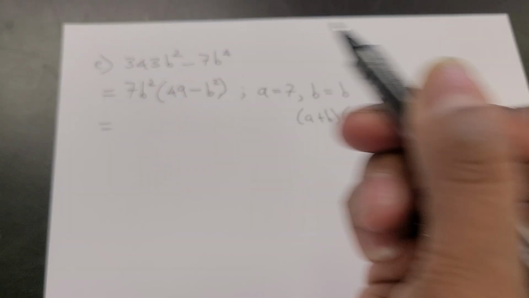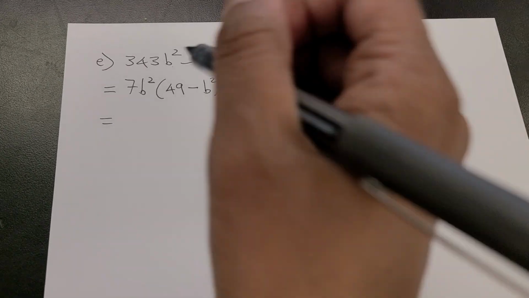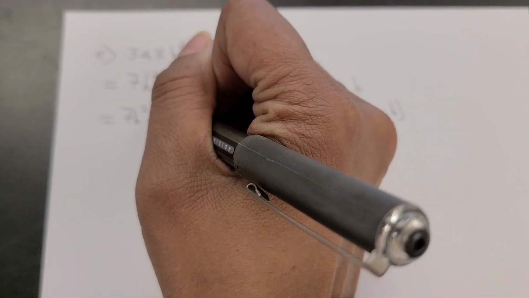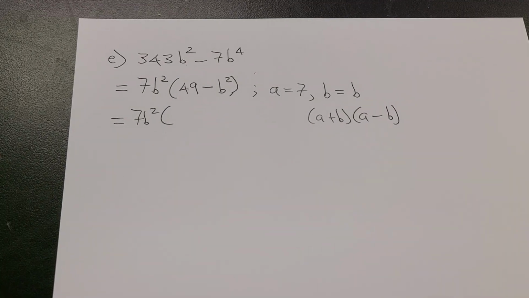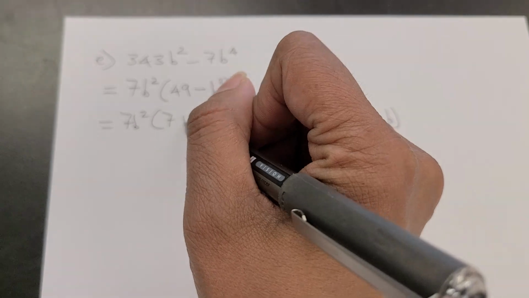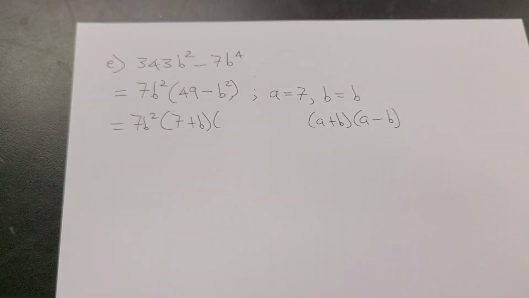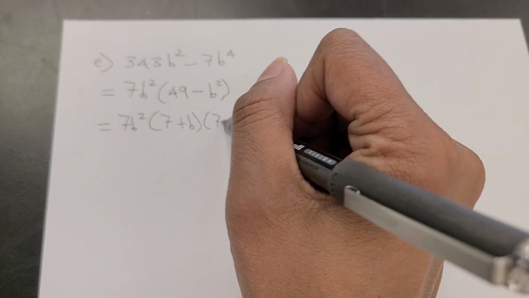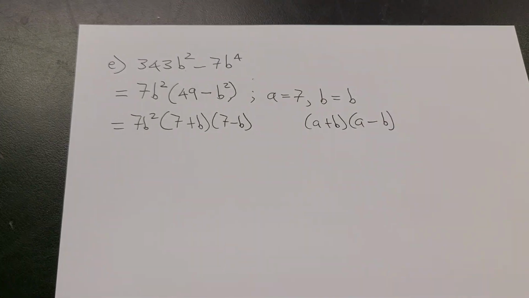So I'm going to put equals, and remember that the 7b squared has to stay outside the brackets the whole time. Now I'm going to put my 7, so a plus b, so 7 plus b, a minus b, which is 7 minus b.